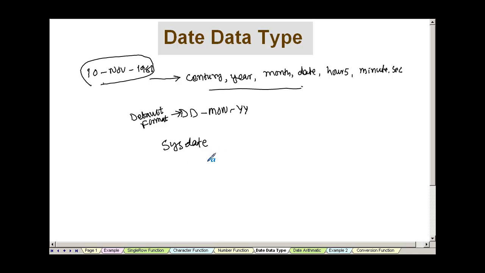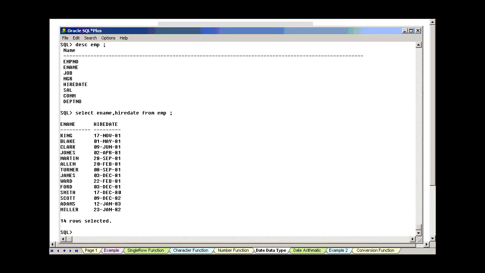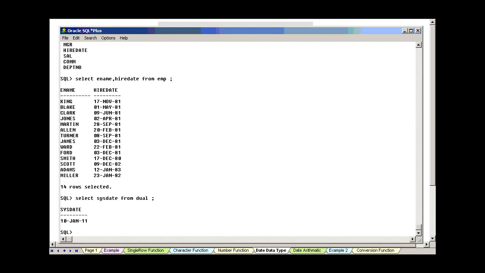And dual is a dummy table which is used to view the date. So for example, if I want to know the current date, I just type select sysdate from dual. So today is 10 January 2011.